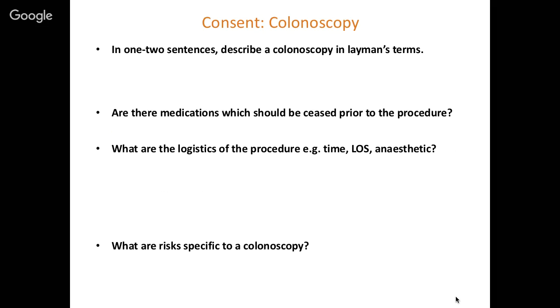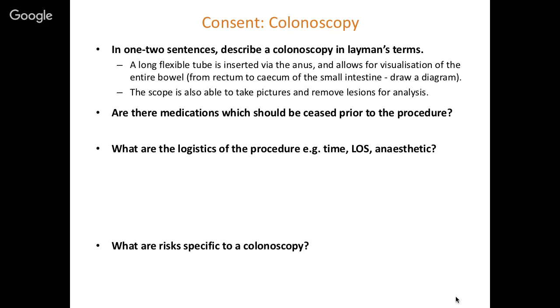They'll be under light sedation, and we'll pass the camera in the tube past your anus into your rectum, and then look around the rest of the colon, and we can explore if there's any sort of pathology there. So there's a better definition. The scope can take pictures, and it can also remove lesions for analysis as well. It's always nice to start with a nice succinct definition.